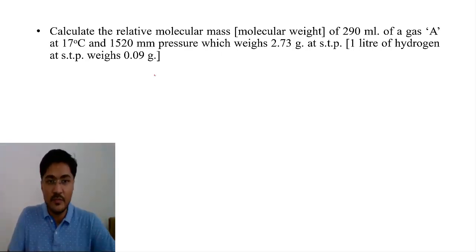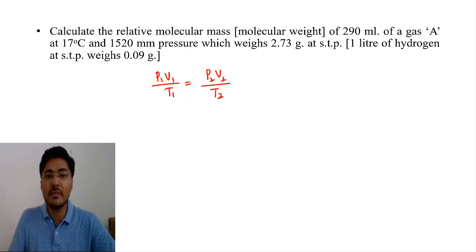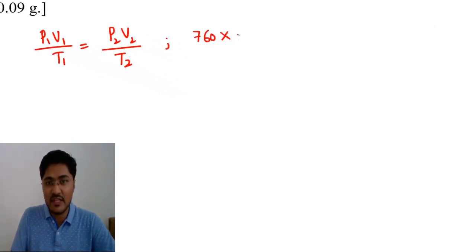Let's look at it. P1 V1 by T1 equals P2 V2 by T2, and let's assume P1 V1 by T1 are the pressure, volume and temperature at s.t.p. So pressure at s.t.p is 760 mm of Hg.